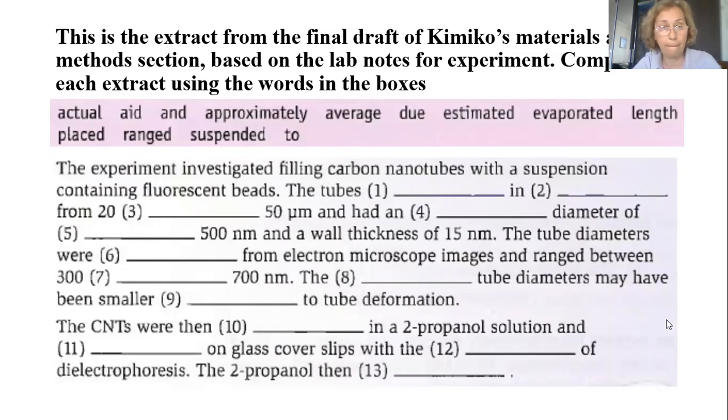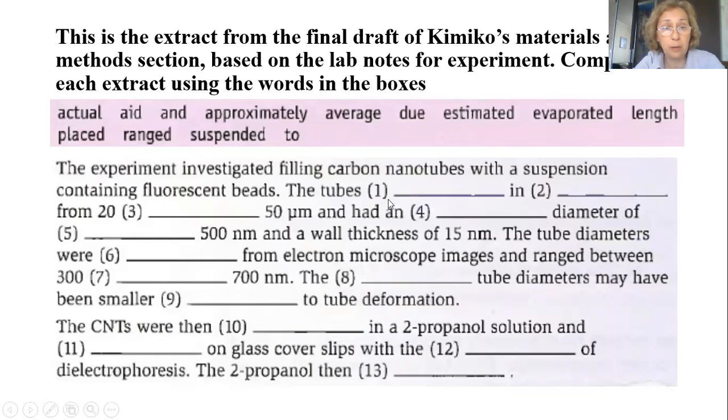The experiment investigates filling carbon nanotubes with a suspension containing fluorescent beads. The tubes, you know the data, 20 to 50 nanometer. From 20 to 50. I mean, number one, which word is missing here? The tubes. В пределах, по классификации, да?